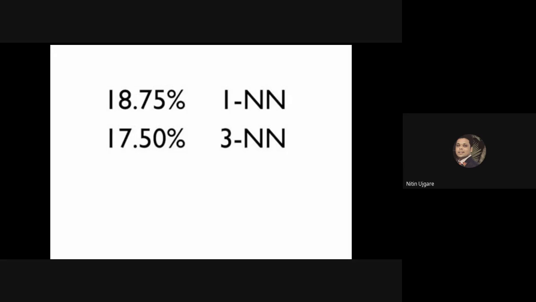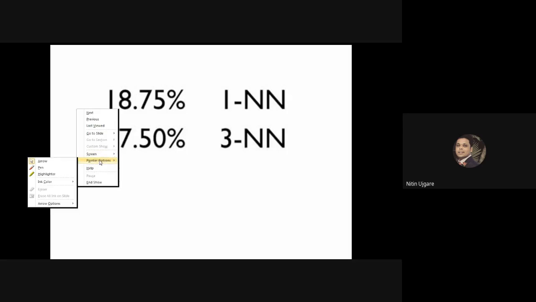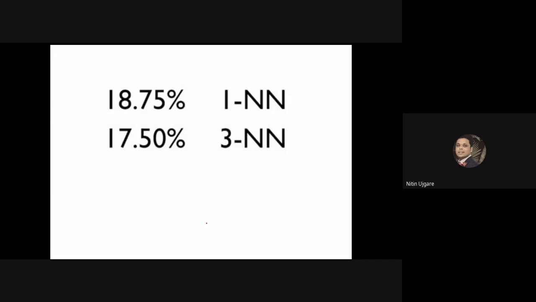So the average error for the three nearest neighbor method is 17.5, whereas for the first nearest neighbor method it is 18.75.